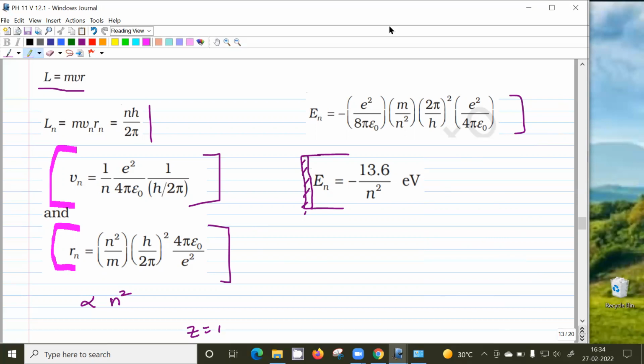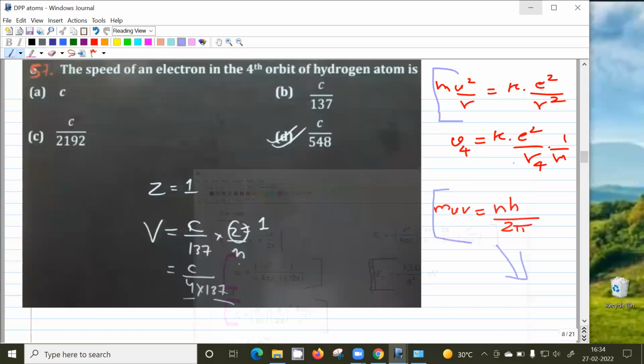But the basic idea is this: we have two equations and two unknowns. One equation is by equating the forces, centrifugal force to the electrostatic force, rather than this quantization condition, mvr equal to nh by 2 pi. And he has written this velocity in this form: C by 137 into Z by n, and Z for hydrogen atom is 1. Or you have to remember this formula: velocity in terms of length.